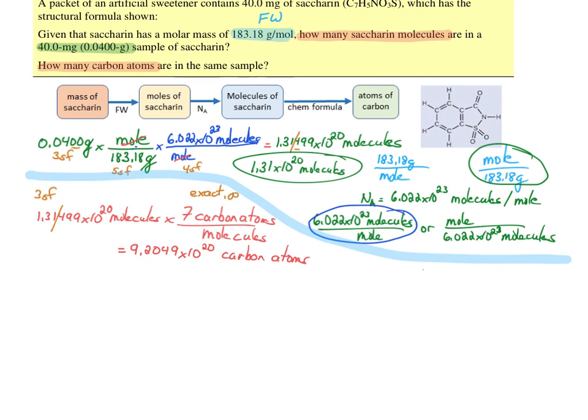A way to think of it is it has an infinite number of sig figs. So we look at our final answer. We can use 3 sig figs. We drop that 4. And our final answer in terms of carbon atoms is 9.20 times 10 to the 20th carbon atoms.